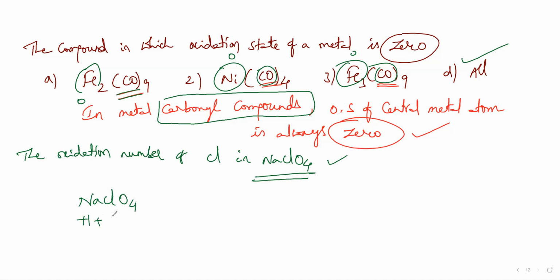Sodium +1, chlorine we have to find out, let us suppose X. 4 into oxygen, each oxygen is -2. There is no charge on that molecule, so charge should be equal to 0. Then 1 plus X minus 8 equal to 0, X equal to +7. So what is the oxidation state of chlorine? +7.